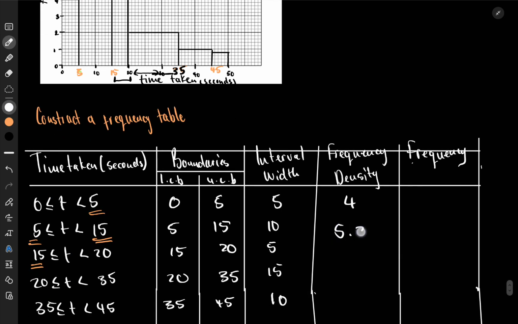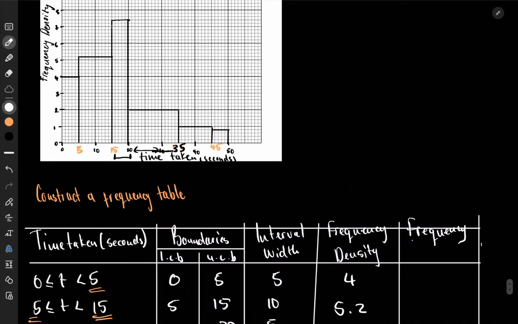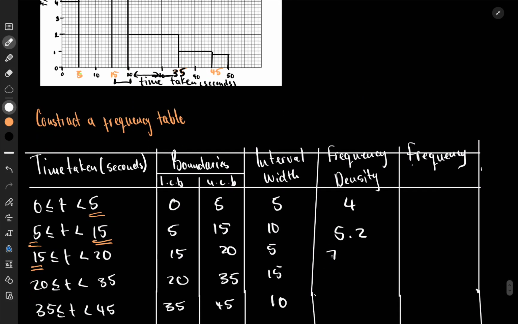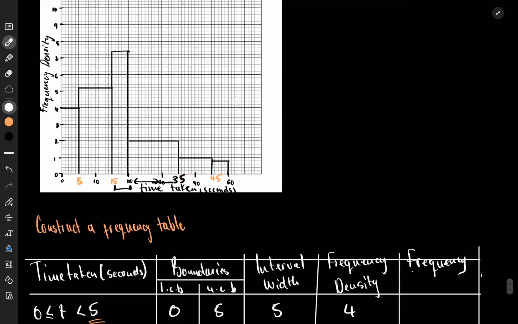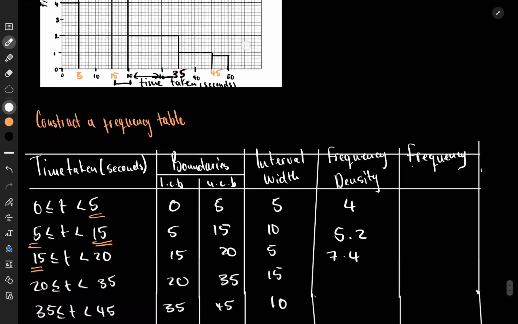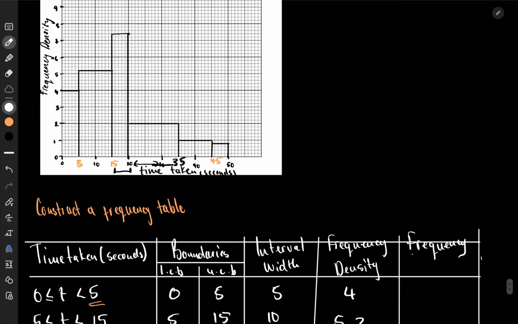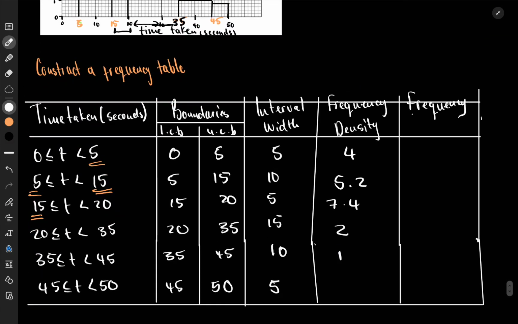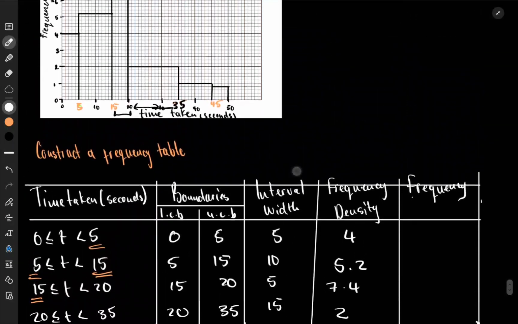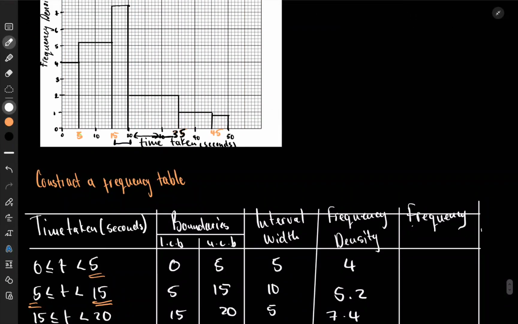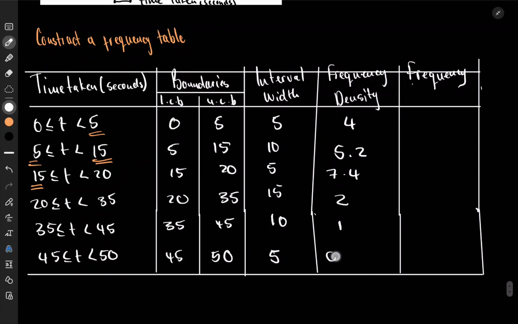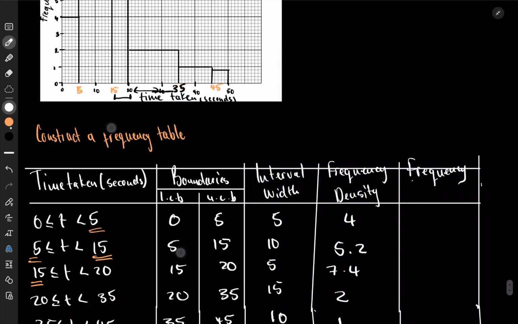And then the next one would be 7.4. Then the next one would be exactly 2, then exactly 1. Wow, this is nice. Then the last one would be 0.8. You can see here it says 0.8 if you follow that.